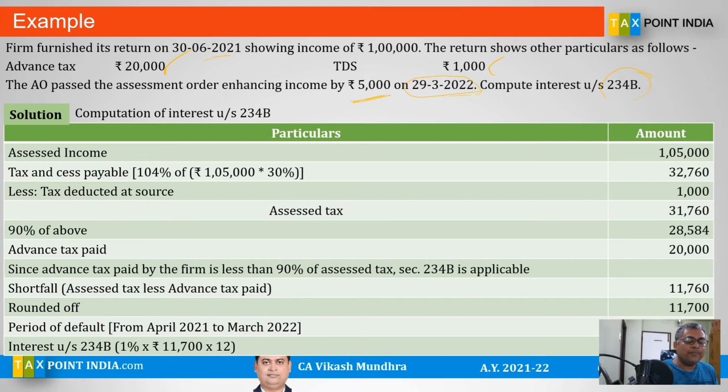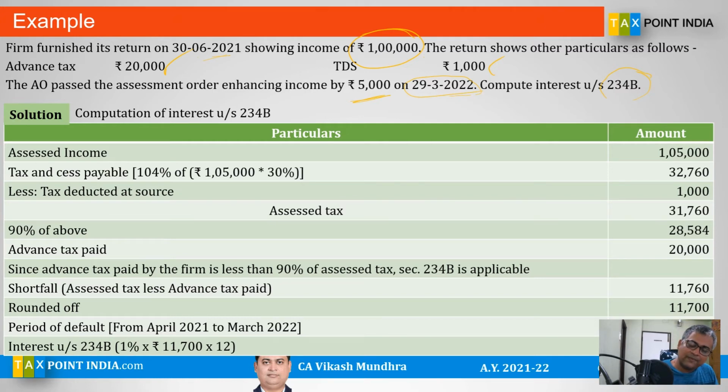First of all, at the moment of self-assessment, you are supposed to calculate interest under section 234B considering your returned income. However, the final figure will be computed considering your assessed income.